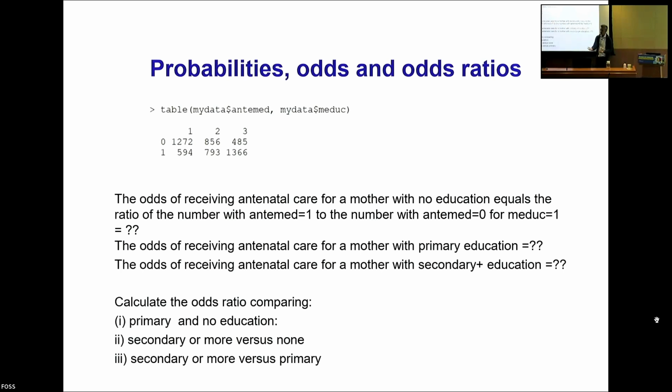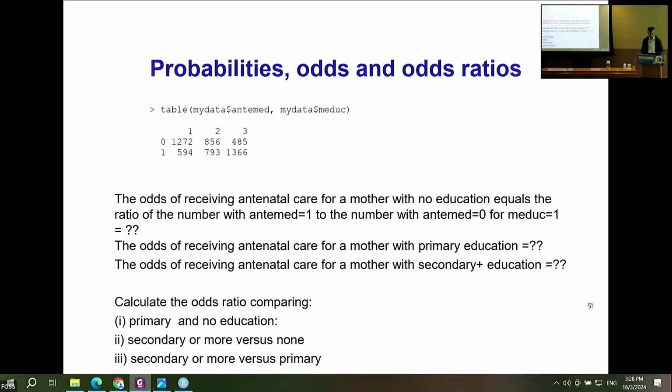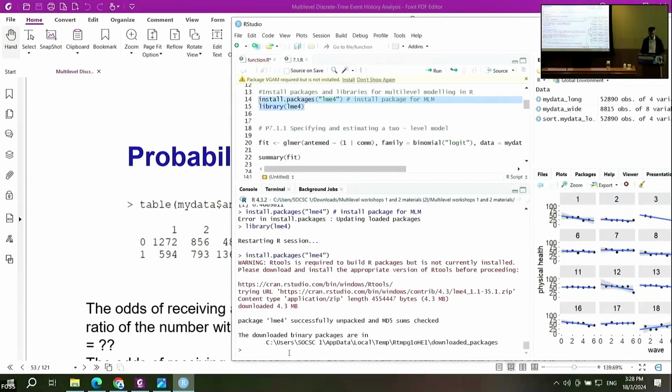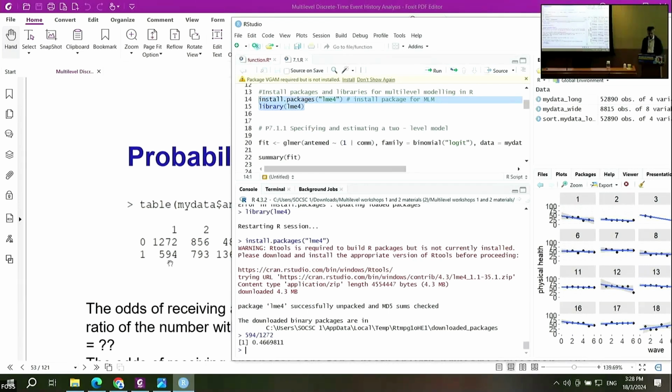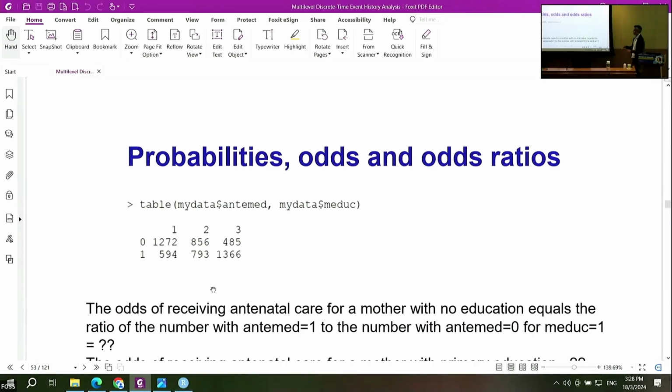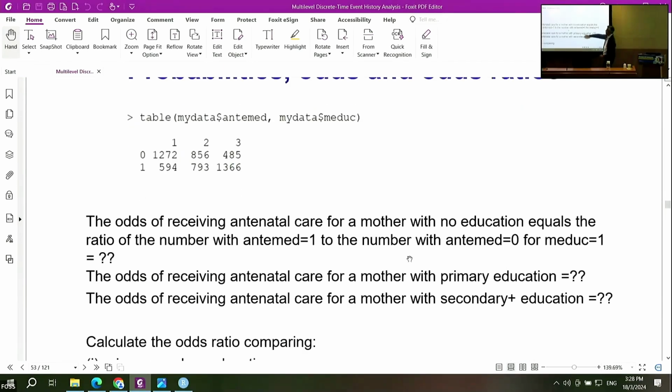So to calculate the odds, we just divide 594 by 1272. So we can ask R for that. Is it 594 divided by 1272? Yep. So the odds is 0.46467.